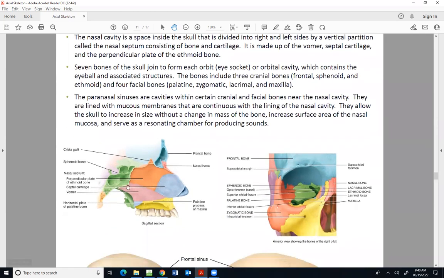Okay. Pictured here is a sagittal section of the nasal cavity, giving us a good view of what we call the nasal septum, okay, which I'll refer to again, but let me just read through. The nasal cavity is spaced inside the skull, divided into right and left sides by the vertical partition called the nasal septum. Now, the nasal septum consists both of bone and cartilage. Remember, the two parts that form the bony part are the perpendicular plate of the ethmoid, and then the vomer, which is a facial bone.